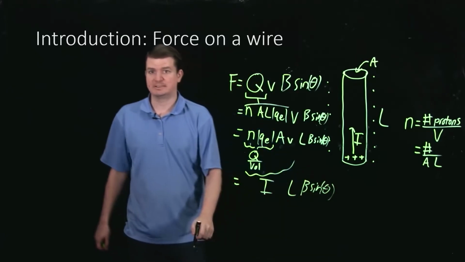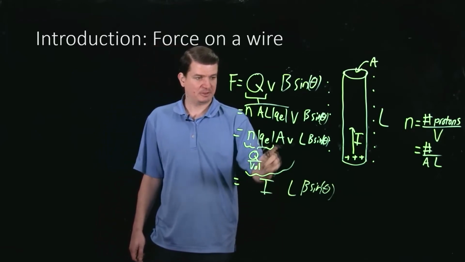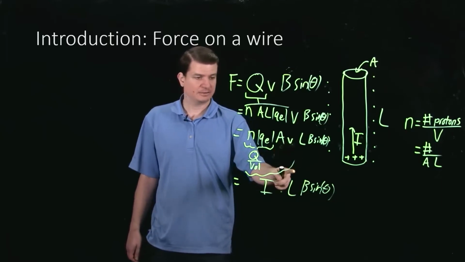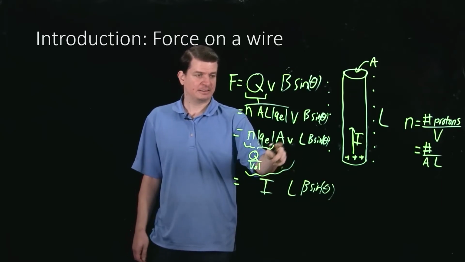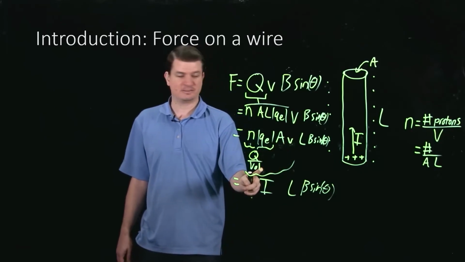If you're not convinced conceptually, you can always check the units. This was indeed a charge per volume. Area has length squared and the velocity is length per second, which gives me a length cubed, cancelling the units of volume.